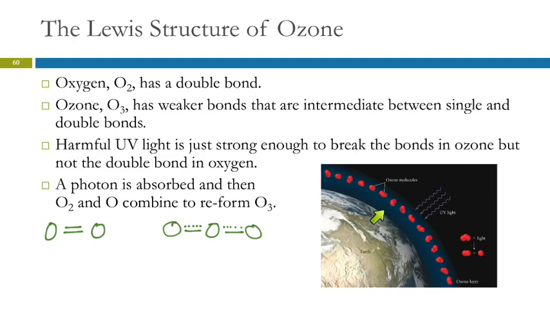The ultraviolet radiation has enough energy to break this in-between bond in ozone. The UV does not have enough energy to break a double bond in oxygen. So what happens is ozone molecules absorb some of the UV light coming in, and they break into an oxygen molecule and an oxygen atom.